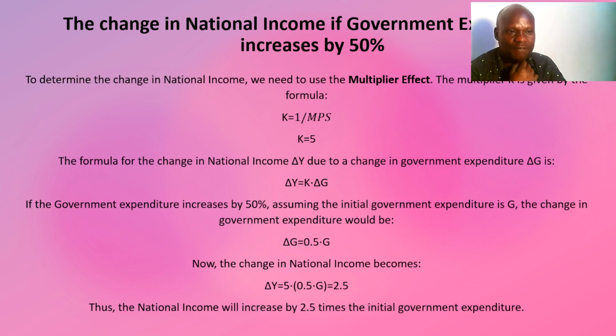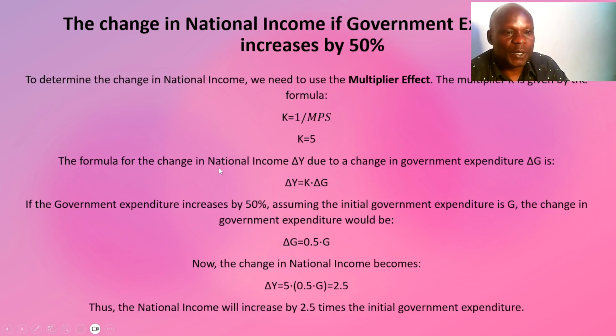The multiplier normally is the reciprocal of the marginal propensity to save. So if our marginal propensity to save was 0.2, then our K is 5. Again, I need you to take a pen and a piece of paper and work it out, and see to it that you are getting the values that I'm showing on this screen.